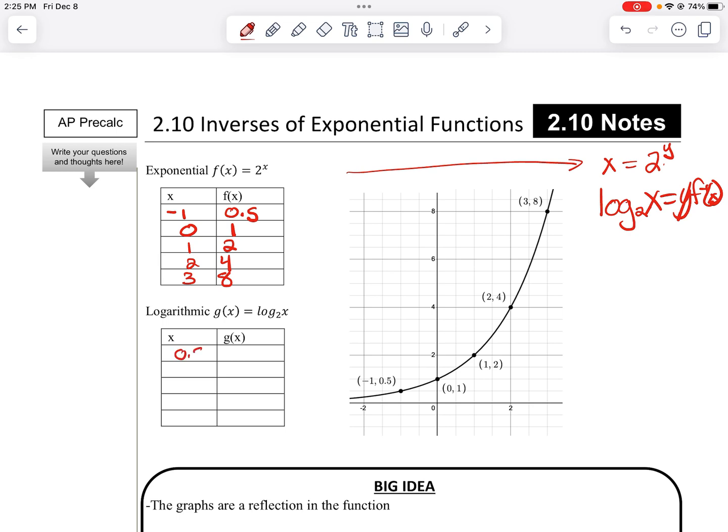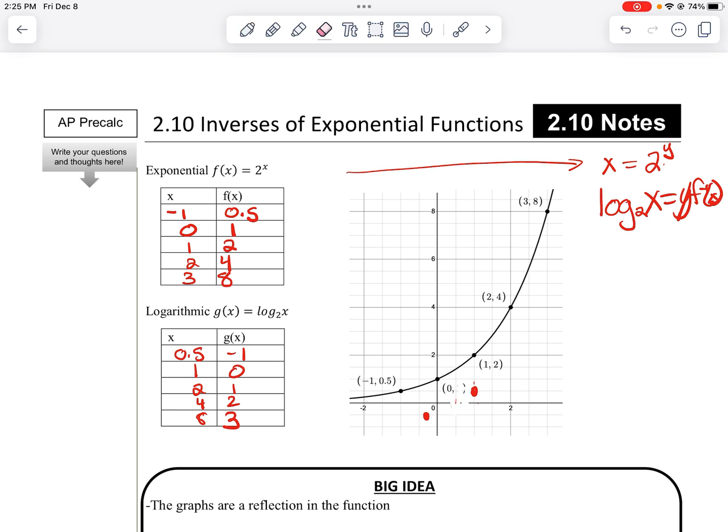So this would be 0.5 and -1, 1 and 0, 2 and 1, 4 and 2, and 8 and 3. Oh, shoot, I've got to check the scale on here.